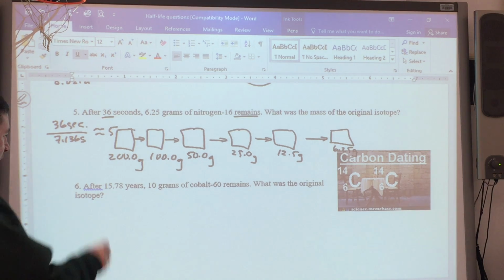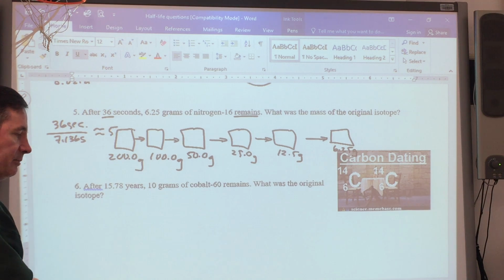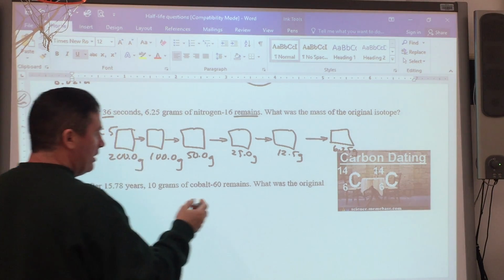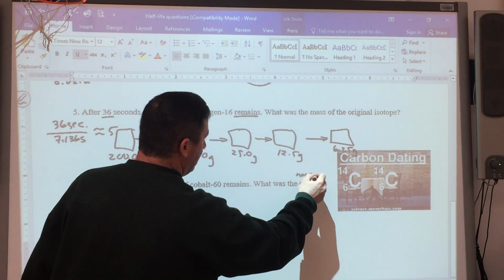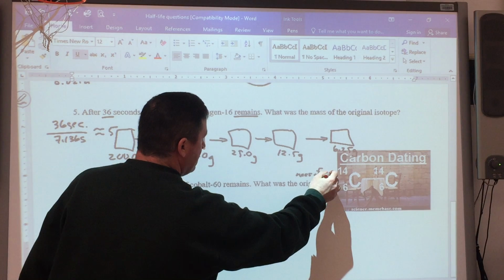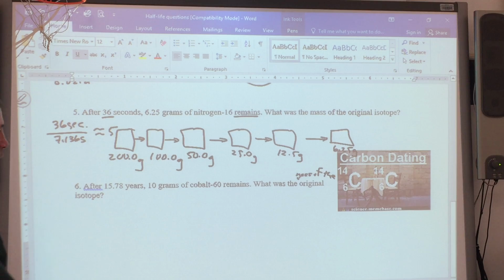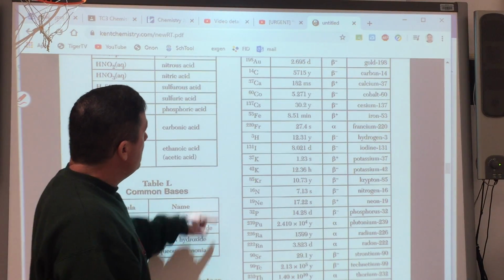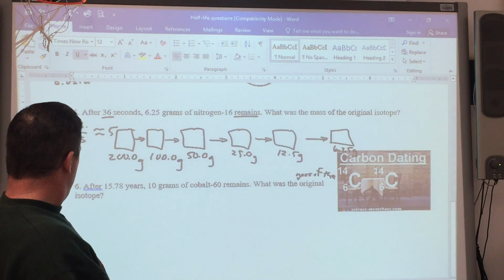Okay? And this last one, I don't like the wording of it very well. But it says what was the original isotope. It really should say what was the mass of the original. Okay, so let's look up cobalt-60.